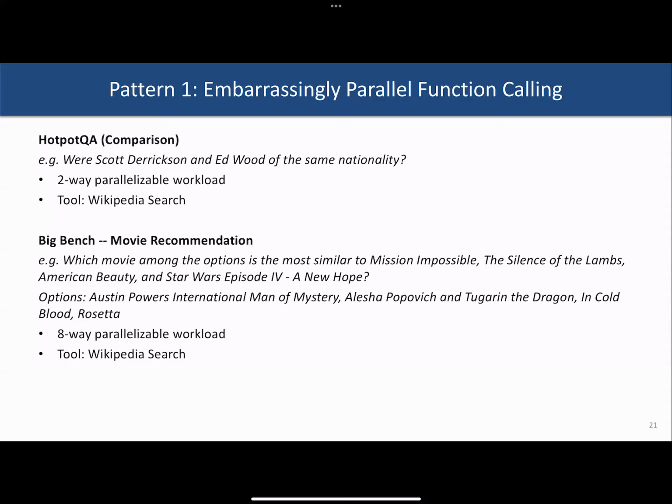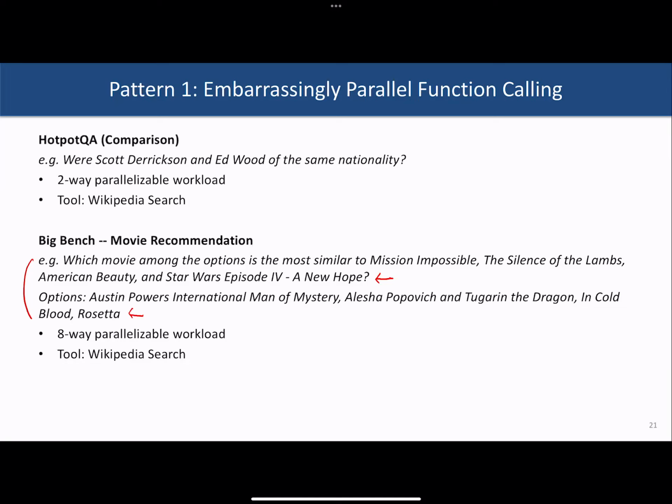Another interesting public benchmark is the movie recommendation task from the BIG-Bench suite. Just like what you see in this example below, you are given 4 different movies as an input, and then another set of 4 different movies as options.